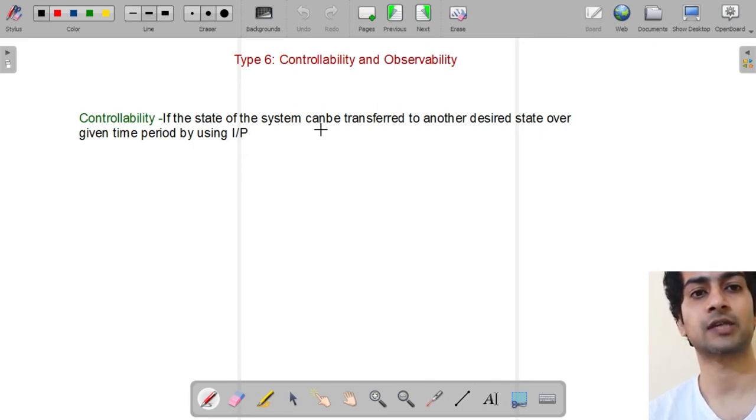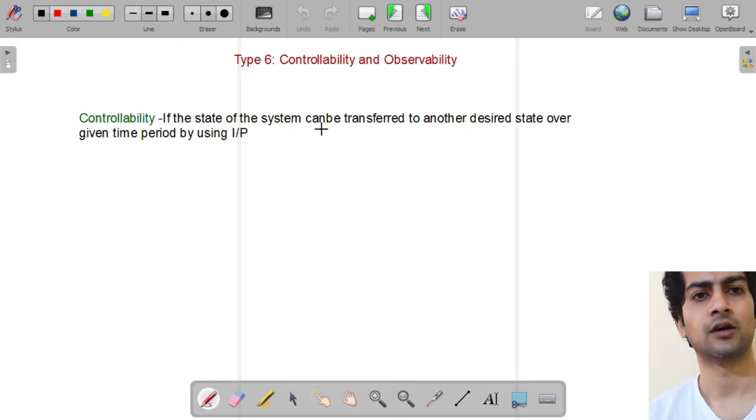Each statement which I have given is itself a concept. So please go through all in detail, because that's a favorite area in the GATE exam. Now type 6 is also a favorite area for the GATE exam.